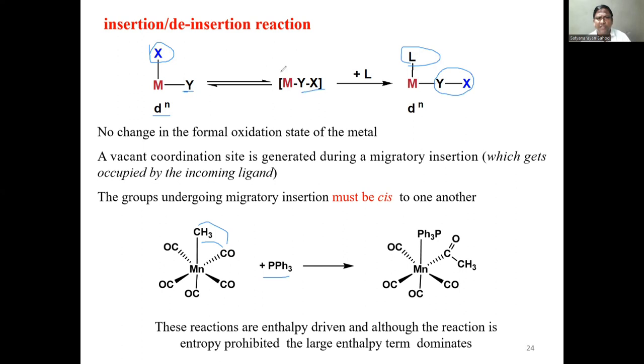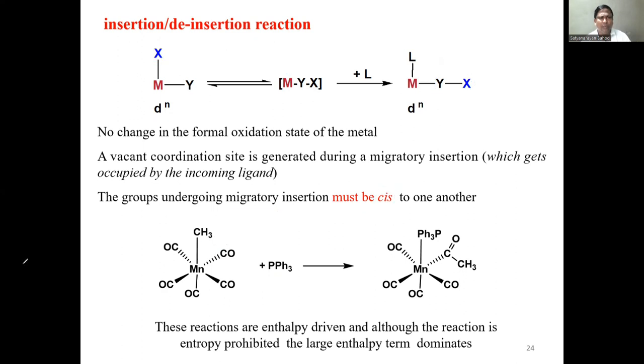You can see this is the vacant coordination site on the metal which is generated, and the incoming ligand L occupies this site. The groups undergoing migratory insertion, and this is more important, are cis to each other. These are enthalpy driven, although the reaction is entropy prohibited.